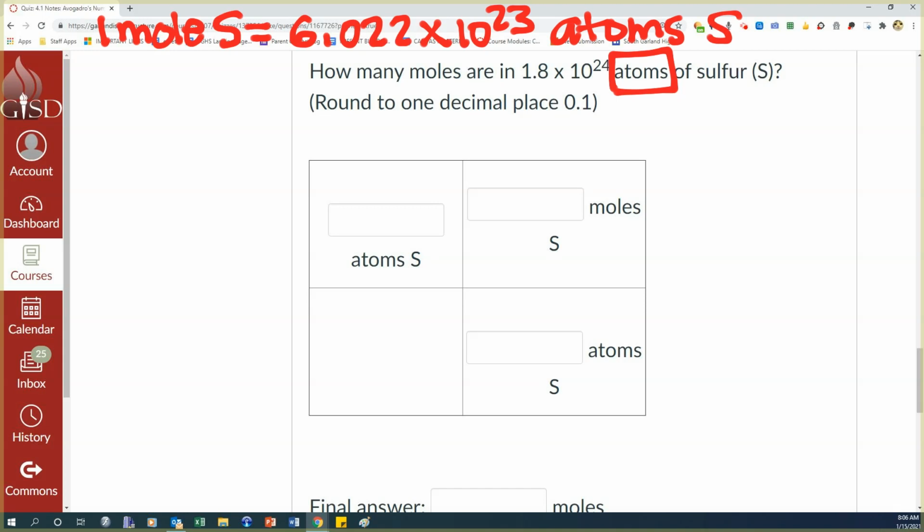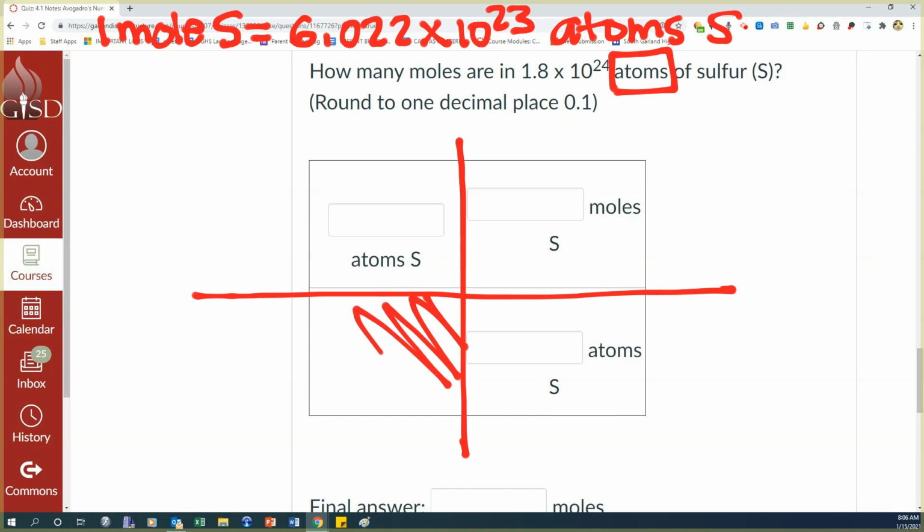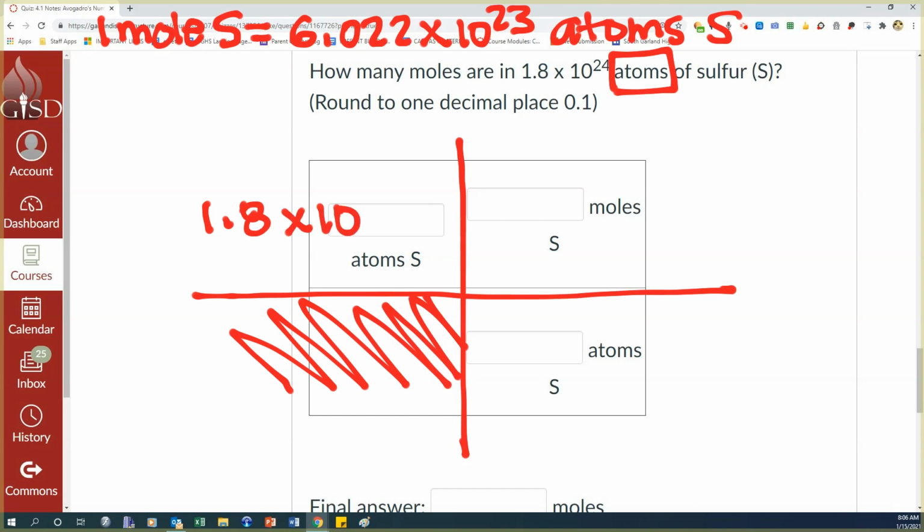So again, if you see the word grams, you calculate molar mass. If you ever see the word atoms, particles, or molecules, go calculate using Avogadro's number. All right. So again, same steps. Nothing goes here. The given goes in the very first box, which is 1.8 times 10 to the 24th.